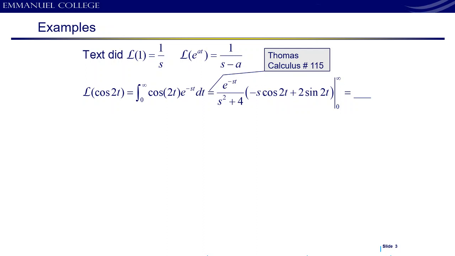This goes to infinity, but this is going back and forth between 1 and negative 1. This is stuck between 1 and negative 1. But this is technically this whole thing over s squared times e to the st. So the first part's going to go to infinity really, really fast.